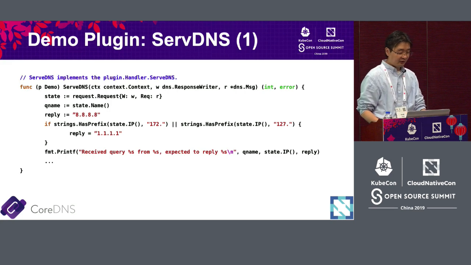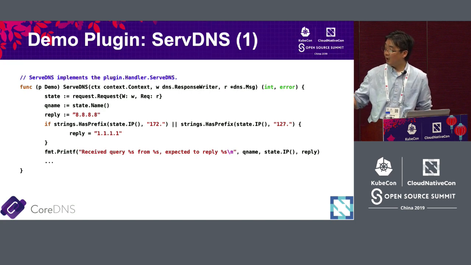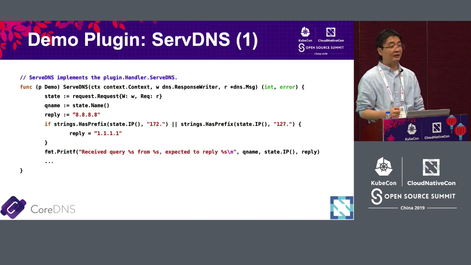As we can see here, CoreDNS passes a DNS response writer. It also passes a message. So r is the DNS message, that's the query message that you need to take a look at and see what you want to do.